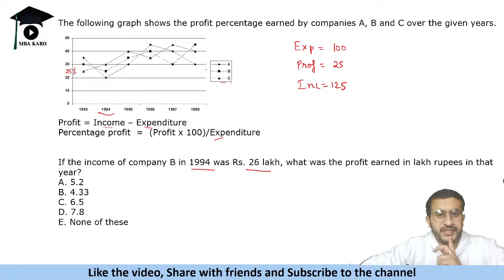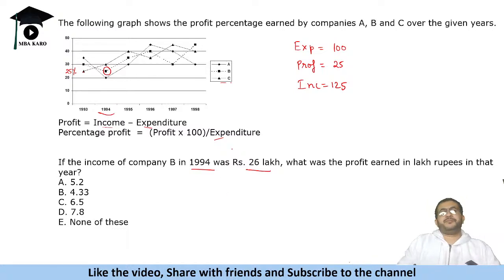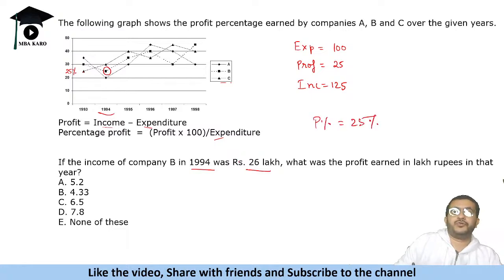1994 B, it is the square one, so which is 25%. Okay, 25% आपका profit है. Now, sorry, profit percentage is 25%. Okay, so do not take 25% of this. आप इसका 25% लेके 6.5 कर दोगे, that is incorrect.